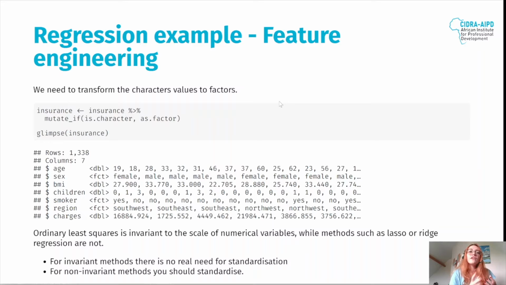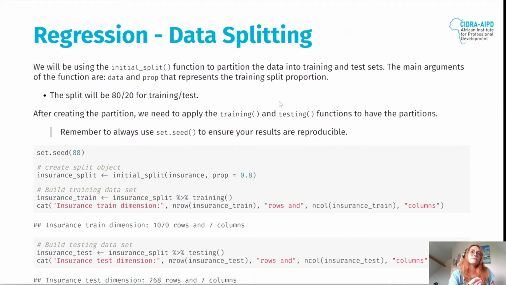For non-invariant methods, you should standardize. So always check if your model needs that or not before applying the model, so you are aware of the feature engineering process that you need to apply to your data. As we don't need it, I am not gonna do the standardization of the numeric variables.